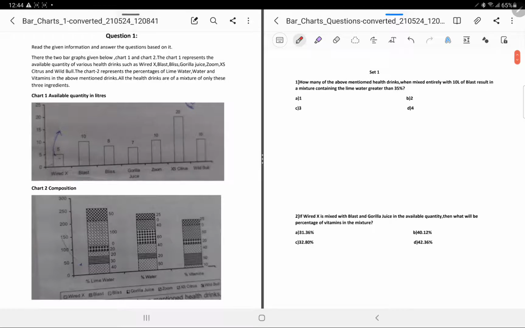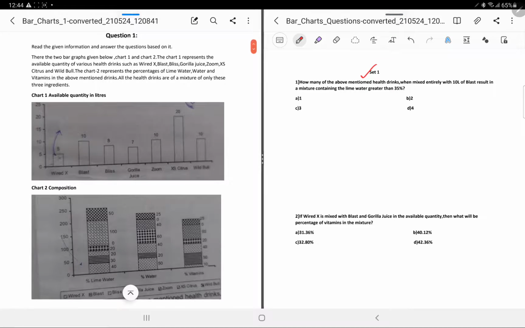Read the given information and answer the questions based on it. There are two bar graphs given below, chart 1 and chart 2. Chart 1 represents the available quantity of various health drinks such as Wired X, Blast, Bliss, Gorilla, Juice, Zoom, Excess Citrus and Wild Blue.